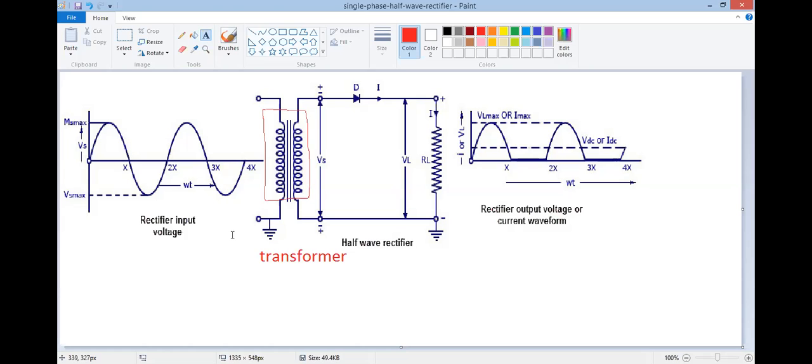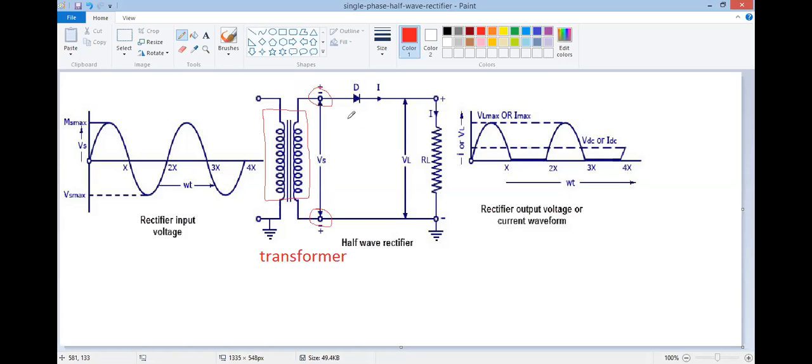And the lower AC voltage is now applied to these two points, this point and this point. So the AC voltage is applied over here and then it is given to the rectifier circuit.